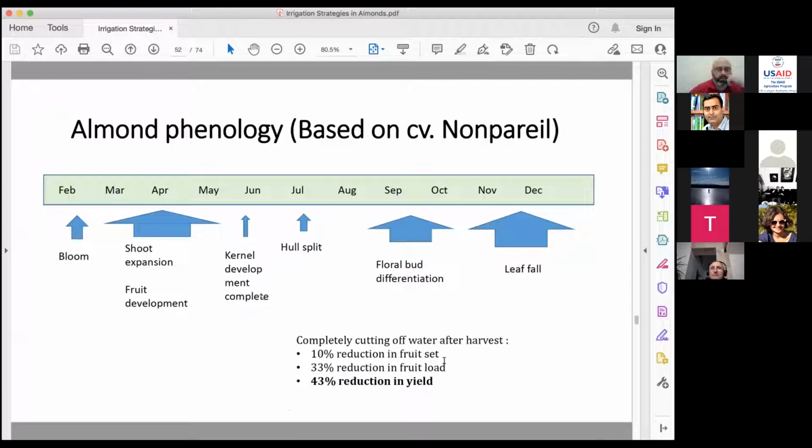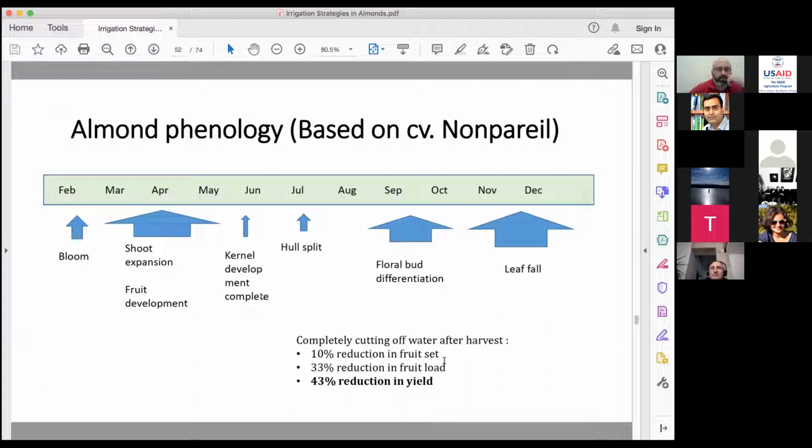That did a 10% reduction in fruit set, according to a university study. 10% reduction in fruit set the next year, 33% reduction in the fruit load in the next year, and 43% reduction in yield when you compound these two factors. When you have reduced fruit load in the first place, and reduced fruit set to begin with.